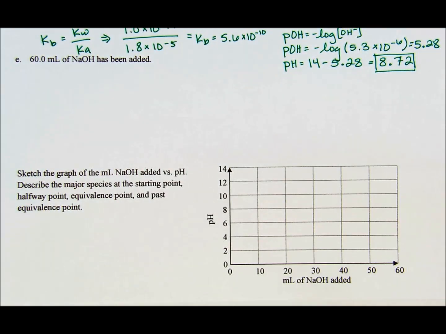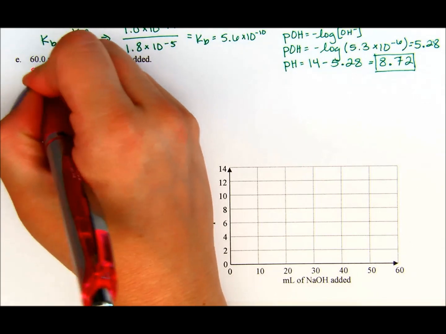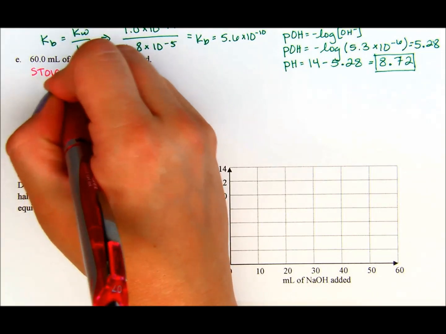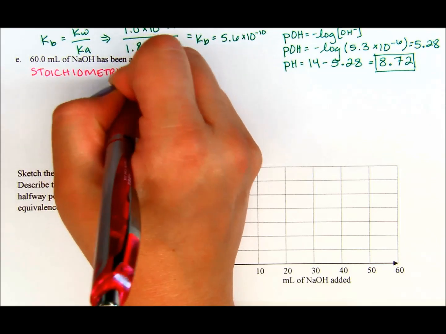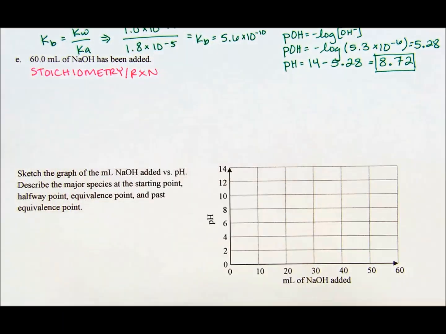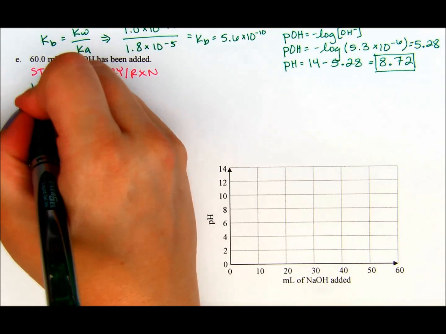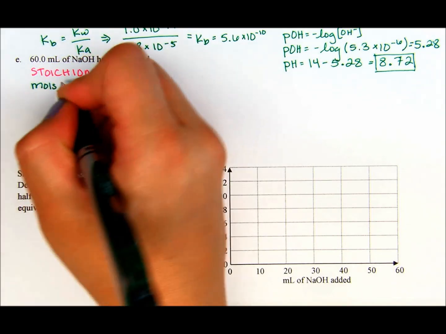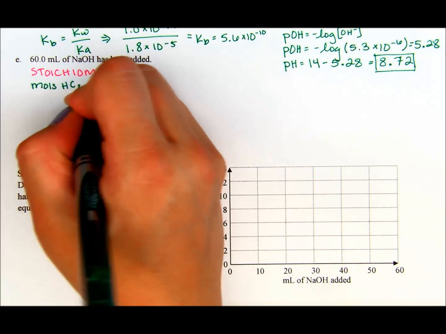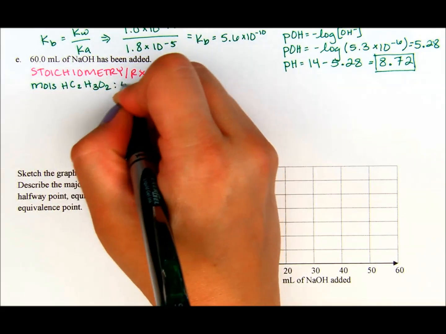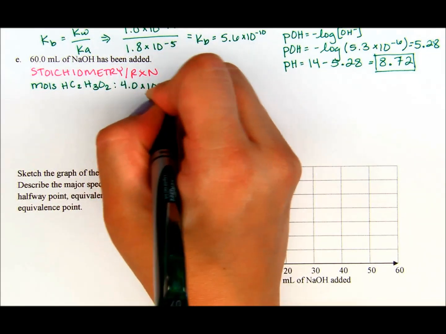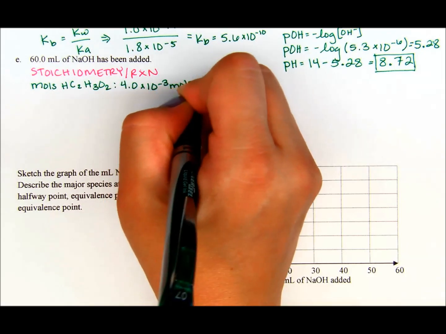When we add 60 milliliters of sodium hydroxide, we're again going to start with our same steps. So this is our stoichiometry, reaction step. First, we're going to find the moles. So the moles of our acetic acid, which we've been finding, is 4.0 times 10 to the negative 3 moles.